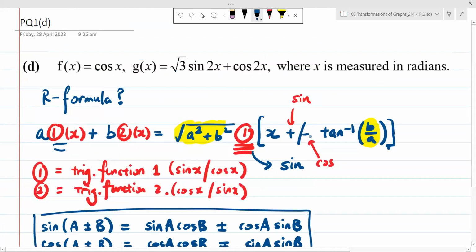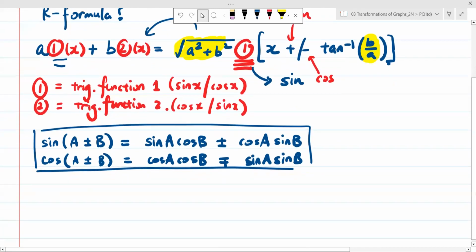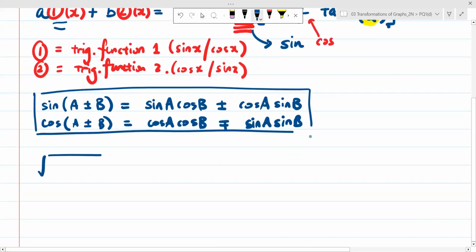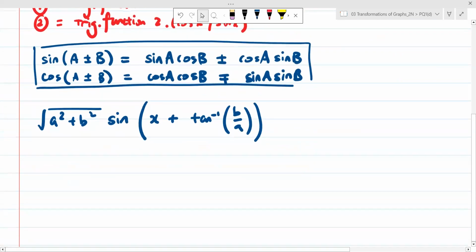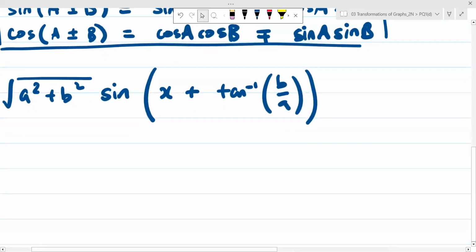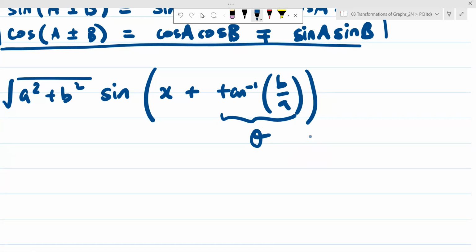So if I go reverse, I show you the magic. Let's say square root of a squared plus b squared, sine of x plus tangent inverse b over a. Tangent inverse b over a is a very cumbersome expression to use. Let us call this theta. Be patient.